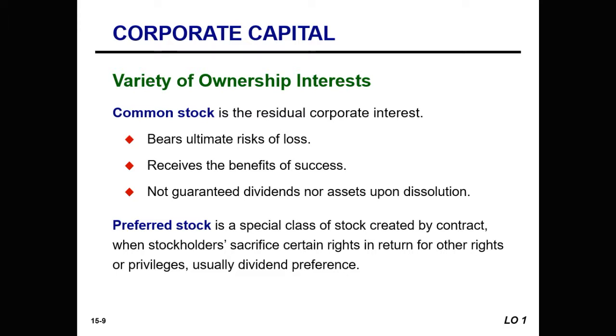In the articles of incorporation, in the state charter, they have to go through a lot of details: how much stock they want to issue, what types of stock they want to have, and so on and so forth. If they did not state anything, so for example, they just incorporated with 8,000 shares, that is common stock. If there's no other type of stock there, if it is not defined, it is common.